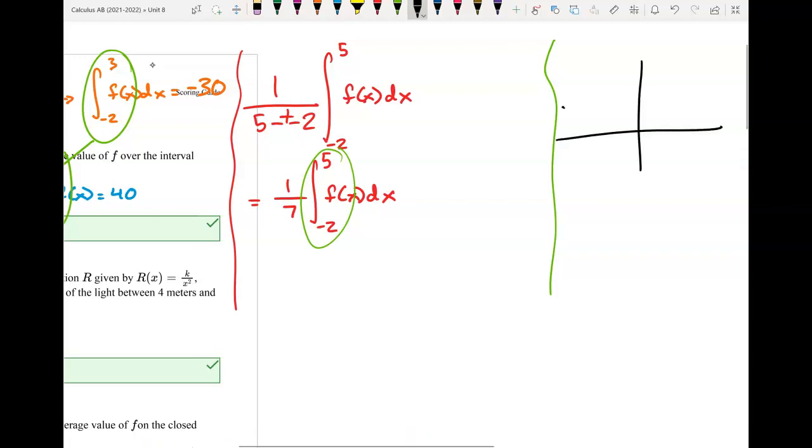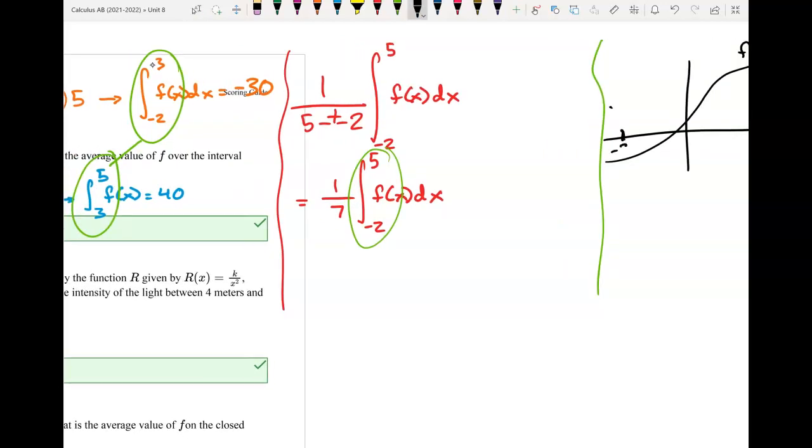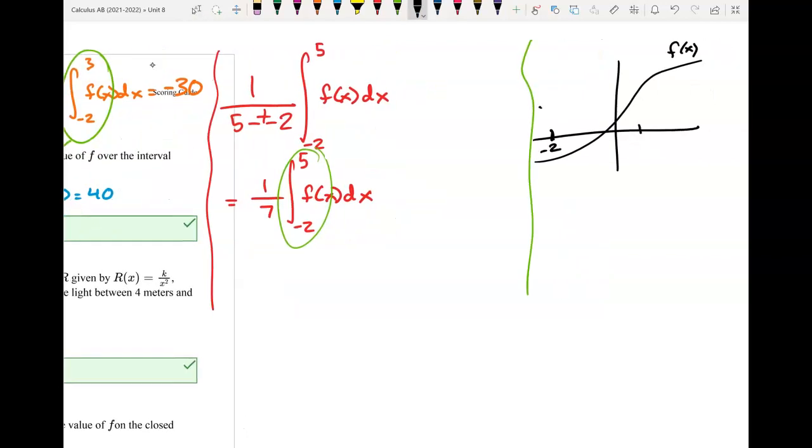Let's say I have some function f of x, and from -2 to 3, we had one certain area that we said was -30. And then 3 to 5 was another area. Can't I just add those areas together to get the full interval from -2 to 5? So that's the idea here.